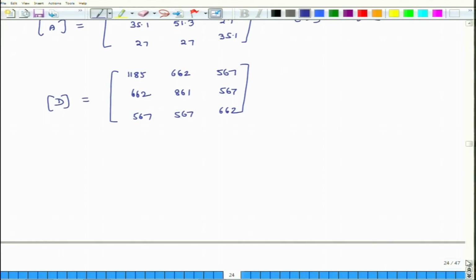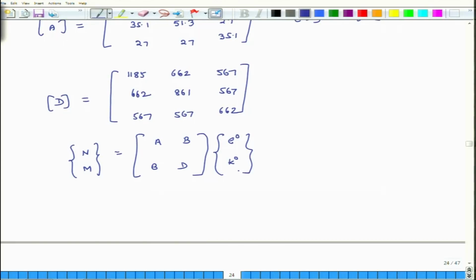The next thing is we have to compute mid plane strains and mid plane curvatures. We know that N, M equals the sub matrices A, B, B, D multiplied by the vector epsilon naught and kappa naught. Now, we know that M is 0, we also know that B is 0.